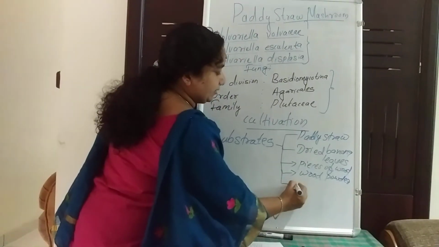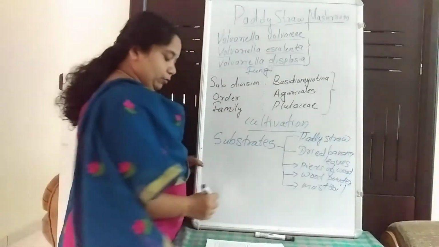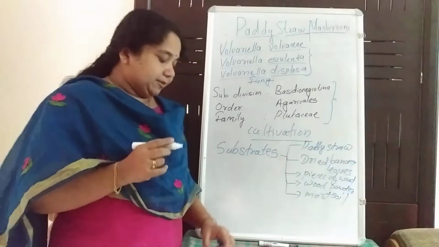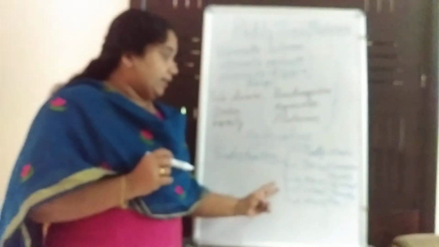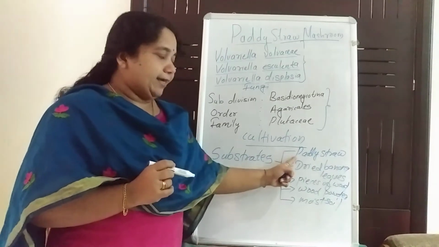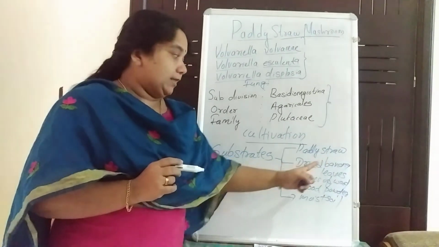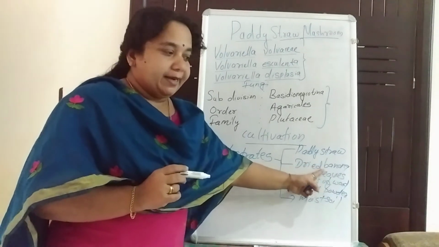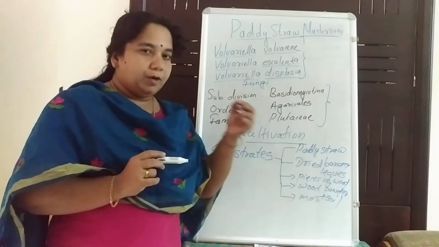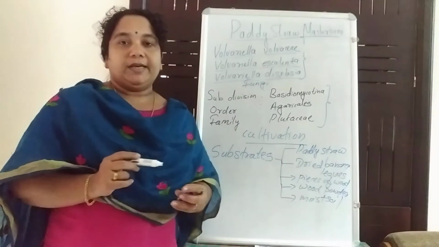In some cases, moist soil can also be used. These are the different substrates which can be used for growing these mushrooms. That is paddy straw. What is paddy straw? Which we can call in Malayalam as kachi. Paddy straw, then dried banana leaves, then small pieces of wood and wood powder or moist soil can be used.